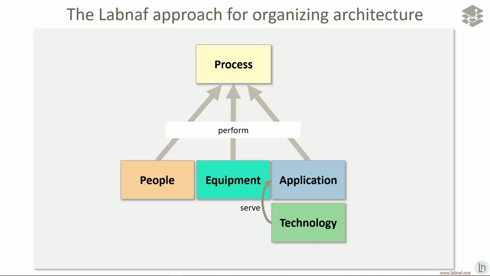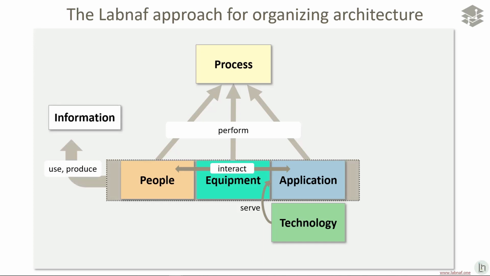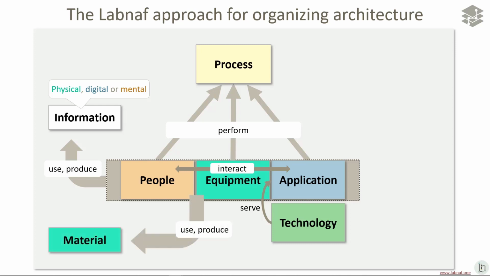Technology supports applications. People, equipment, and applications interact. They use and produce information. Information can be physical, digital, or mental in our brain. People and equipment use and produce physical material.